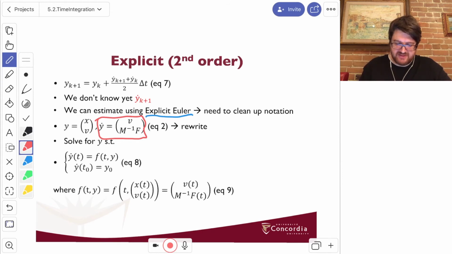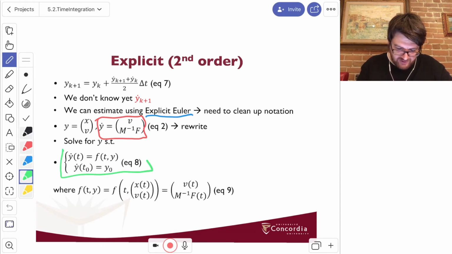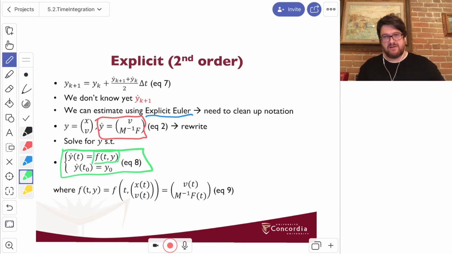This is the new equation we are solving: the first derivative of y with respect to t is f of t and y. We replace the right-hand side by just one name, f(t, y).